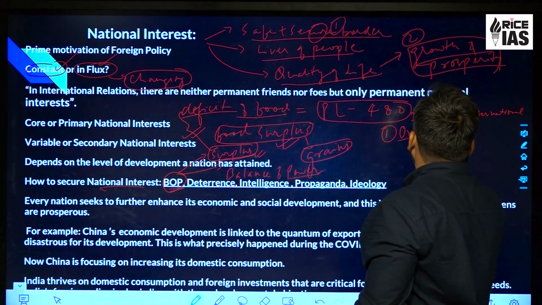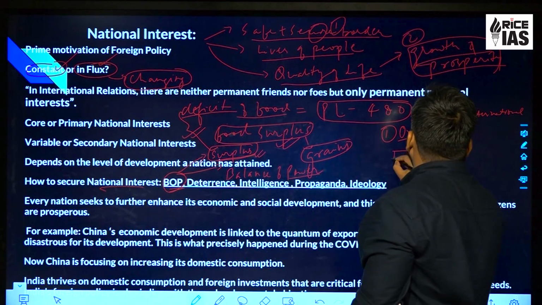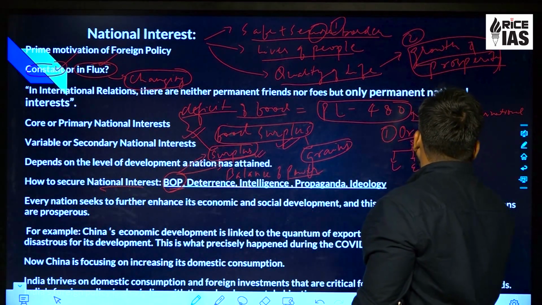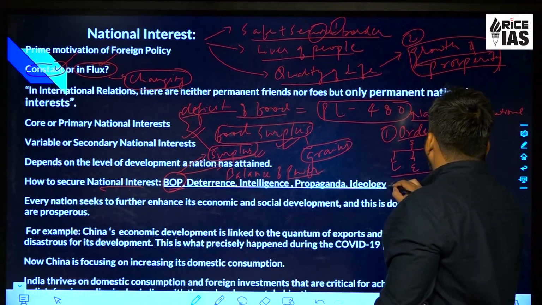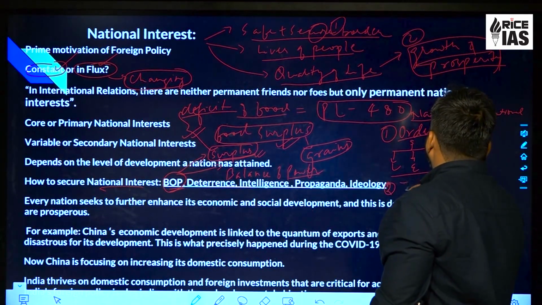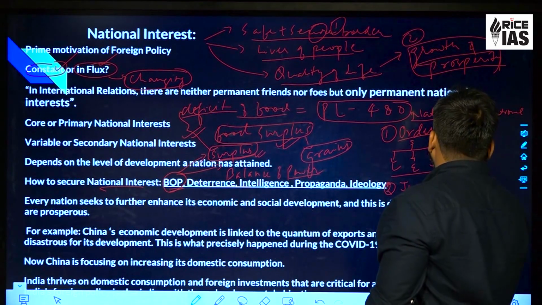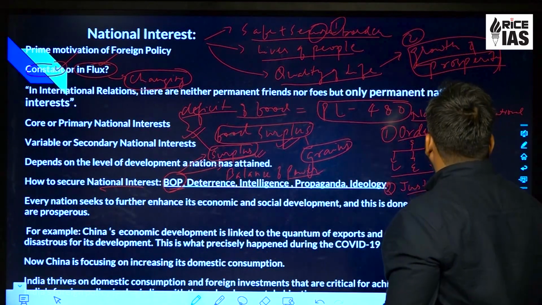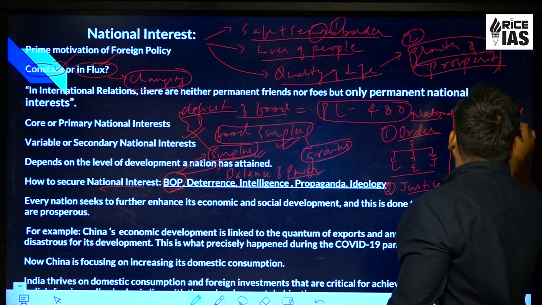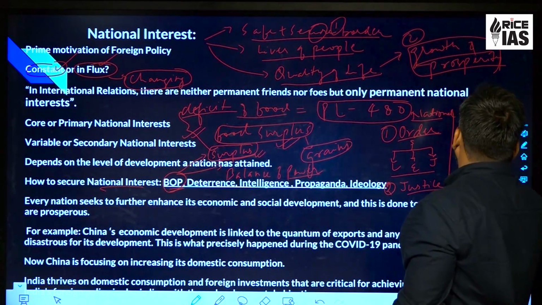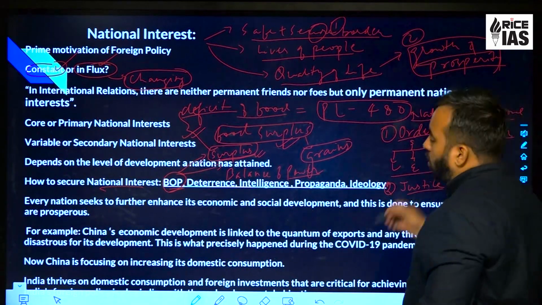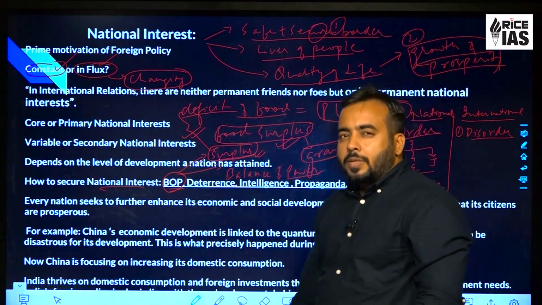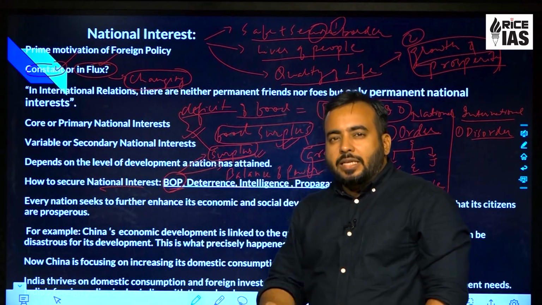For example, there is a state and there is a law making body, law enforcing body and law adjudicating body, order, and some kind of system, justice. But at the international level, there is largely disorder. We do have law making bodies at the international level, but the enforcement mechanism is lacking.